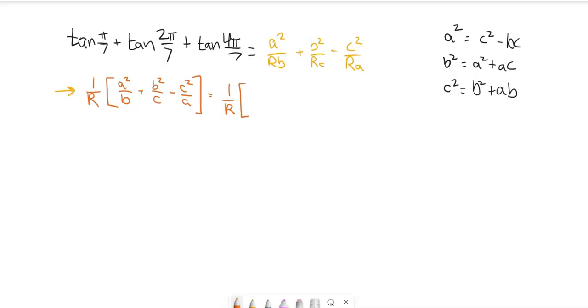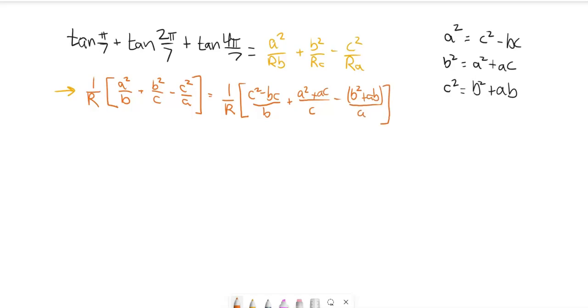So a squared will equal c squared minus bc over b, plus a squared plus ac over c, minus b squared plus ab, put those in parentheses, all over a.